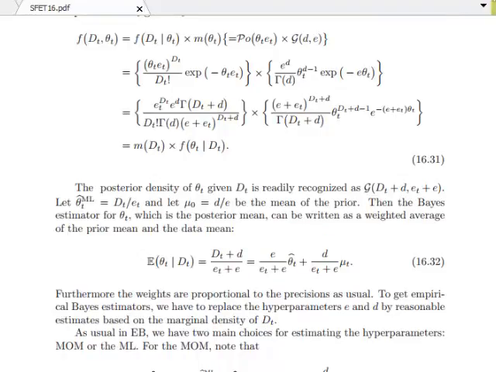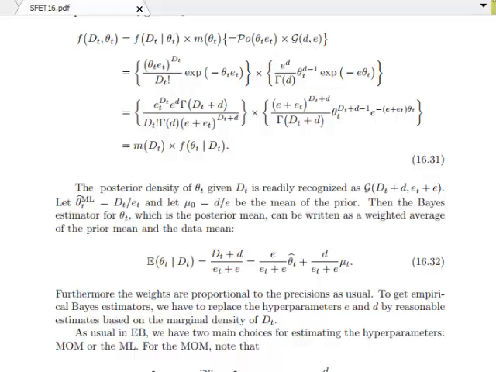The data distribution is theta times E, which is the lambda, raised to the power of the number of defects, divided by the number of defects factorial, times e to the minus lambda, which is theta times E. So that's the data density. Then you multiply by the prior density. The prior density is a gamma density on theta.